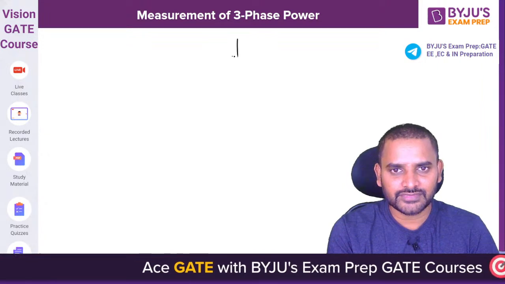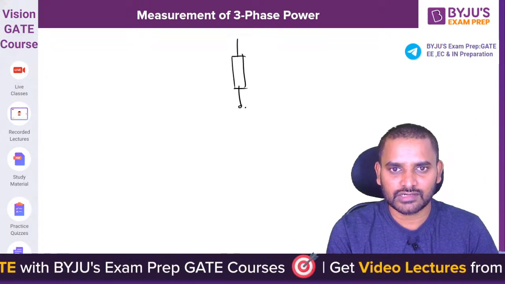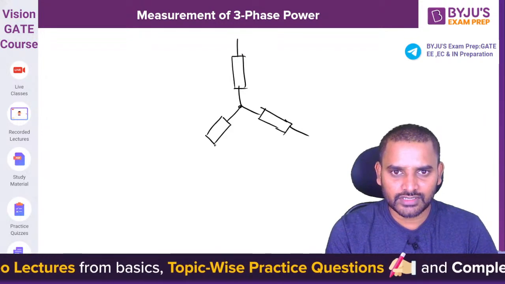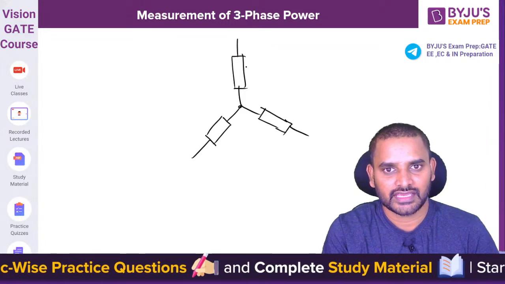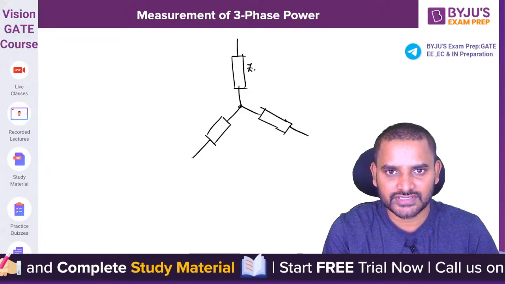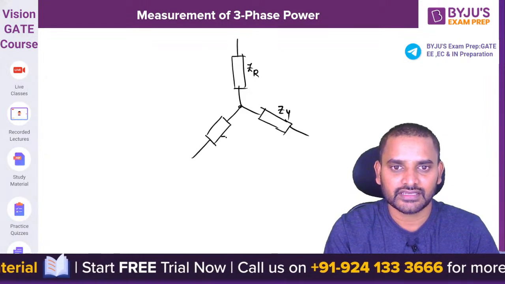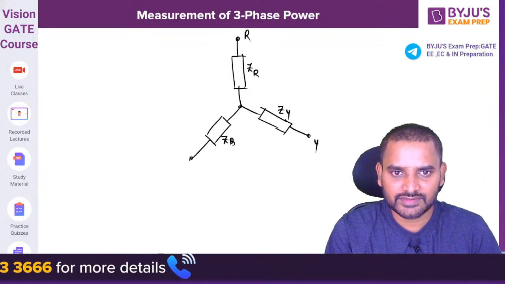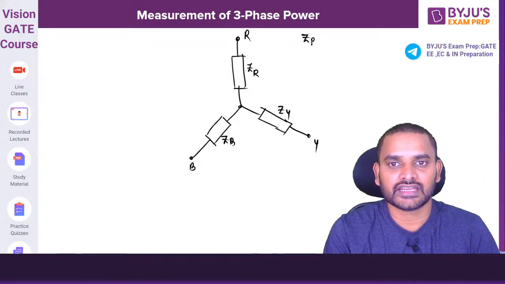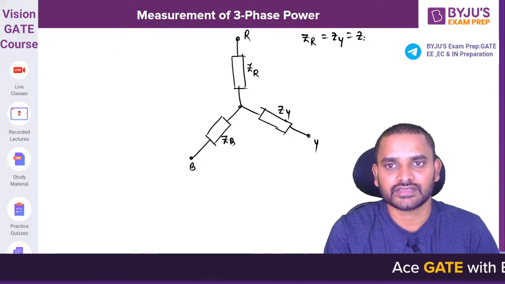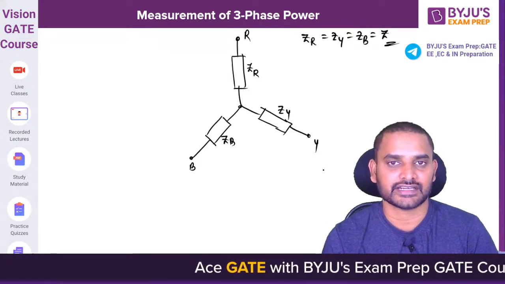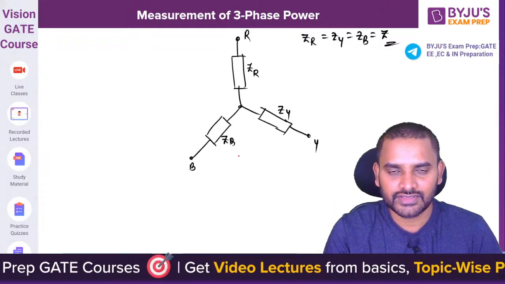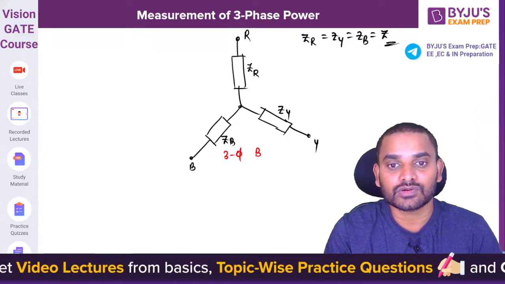I am taking here a star connected load, where each phase has the same impedance: ZR, ZY and ZB, for the R phase, Y phase and B phase. So ZR equals ZY equals ZB, equal impedance Z. This three-phase load we also call a three-phase balanced load.